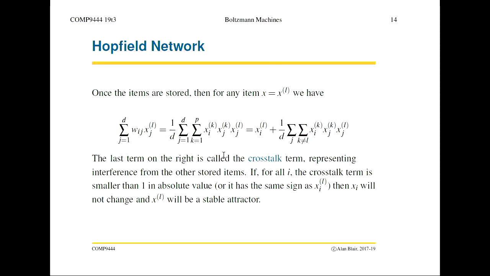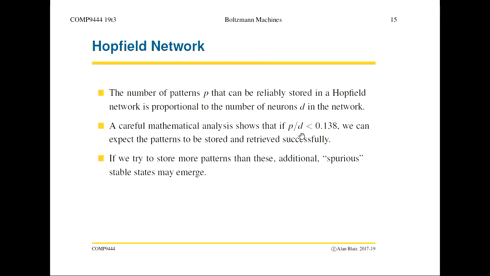They're different numbers. We normally assume that they're in this kind of ratio. This is a good way to think of it: if we've got 1,000 pixels, we can reliably store 138 images.